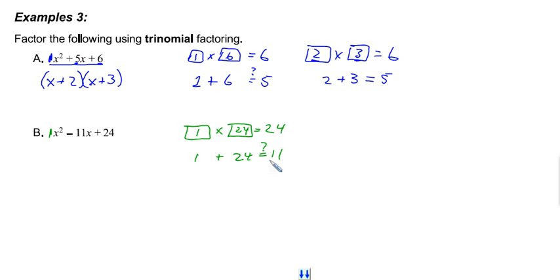And I think it's pretty obvious that is a big no. Now, noticing that this needs to equal negative 11, maybe I should try negative numbers. And once again, if I put negative 1 and negative 24, because negative times negative equals positive, you'll still see that it doesn't come up to the negative 11 I'm trying to get. Okay.